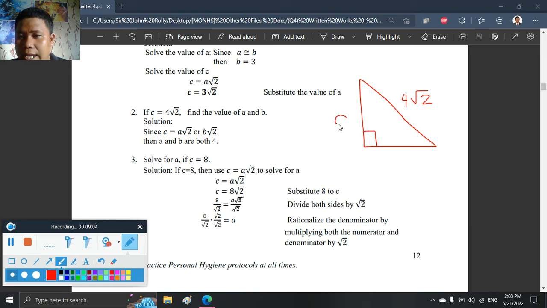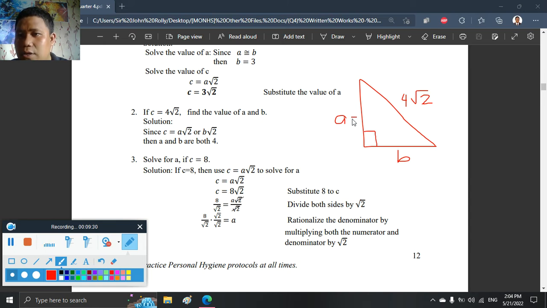Okay? So, find the value of A and B. Whatever the measurement of A is just the same as B, or whatever the measurement of B, mao put sa A. Okay? So, here's the solution. Since C is equal to A the square root of 2 or B the square root of 2, then A and B are both 4.